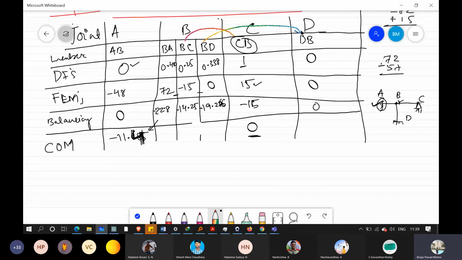Both will be highlighted. Now, next, what will be this value? Any value will be here. Please tell.